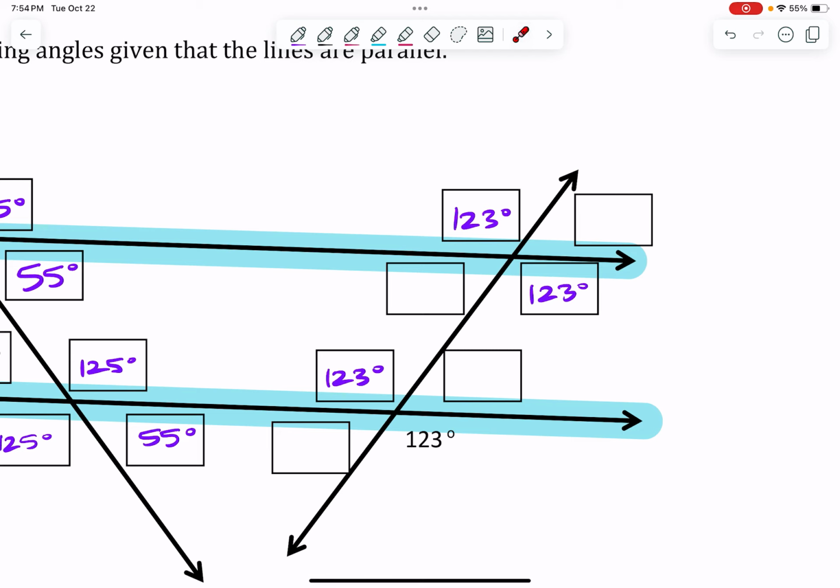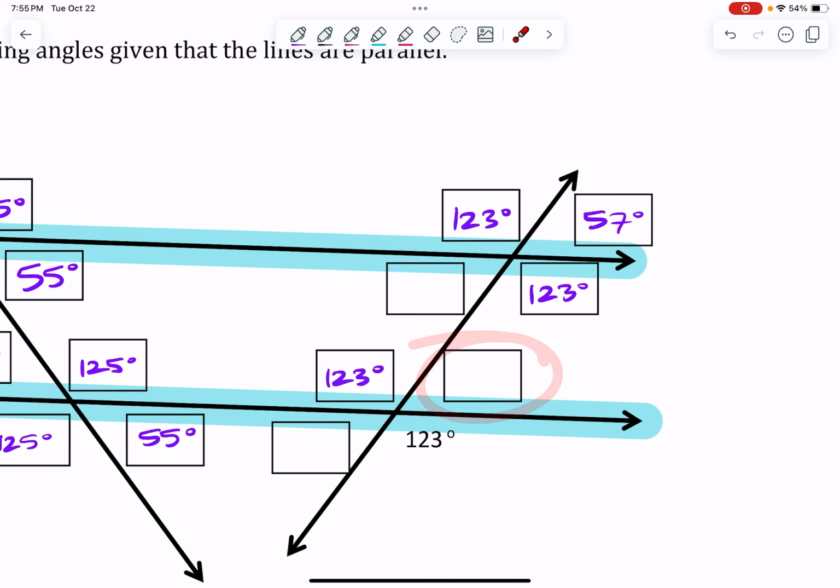For these other ones, oh, these ones look cute. That one must be supplementary to the 123 degrees. Again, because it's intersecting at this 180 degree line. So 180 degrees minus 123 degrees tells us that this angle is 57. And on the other side of the X from it, way over here, must be 57.